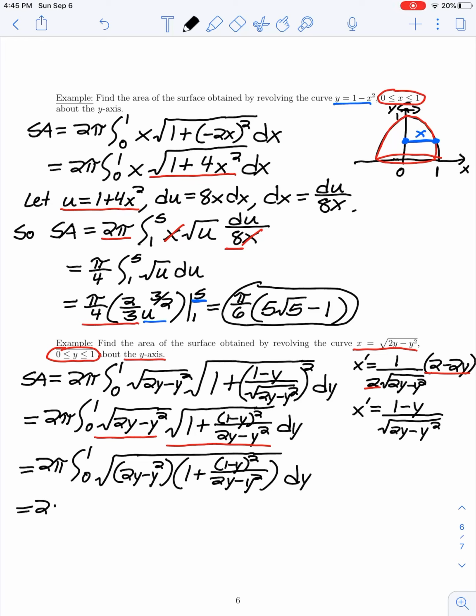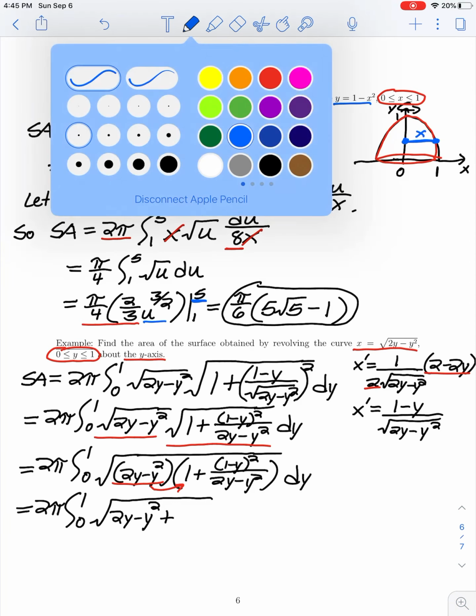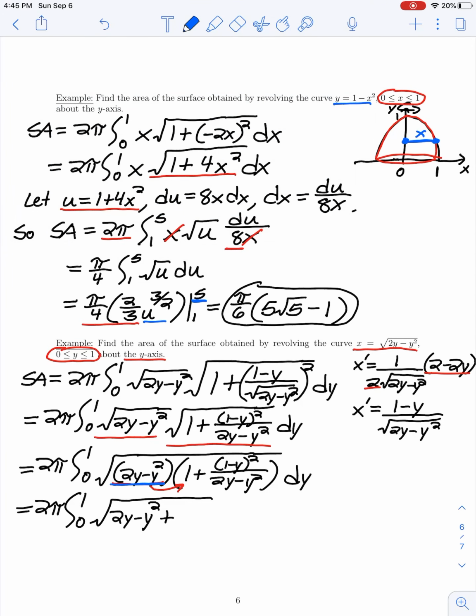So now, under this single square root, let's continue to simplify. When we distribute the 2y minus y squared, we have 1 times 2y minus y squared. And then plus, when we have 2y minus y squared and we multiply by 1 minus y squared over 2y minus y squared, these terms will cancel, and we're just left with that 1 minus y quantity squared.